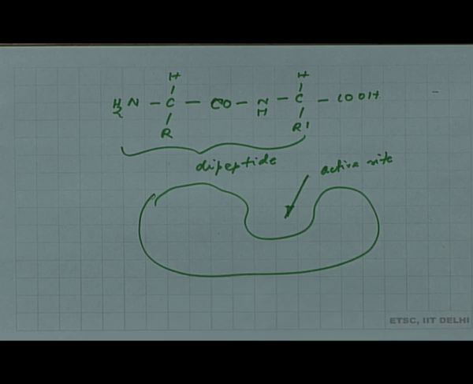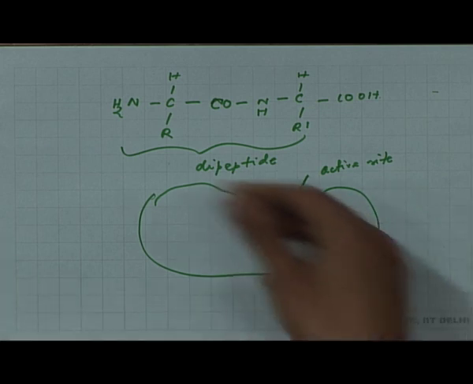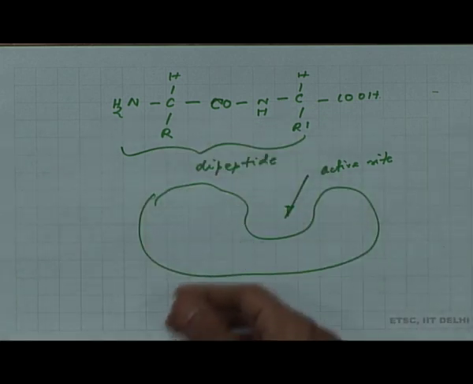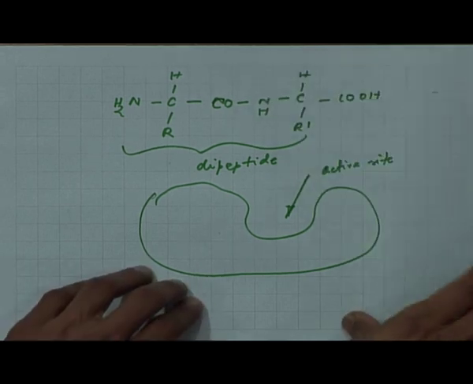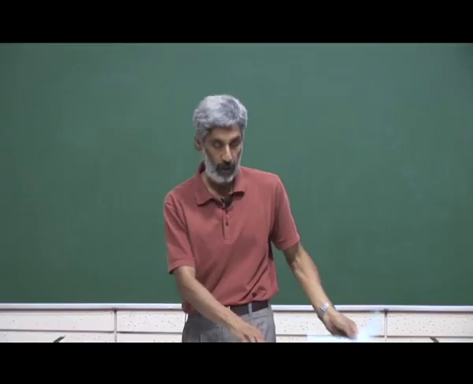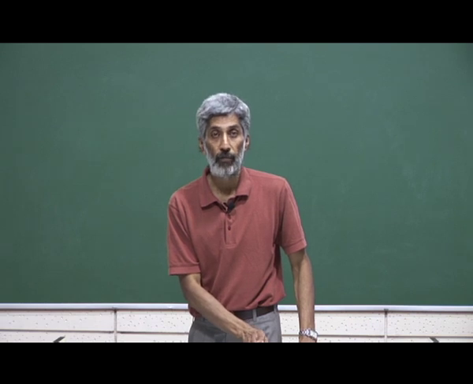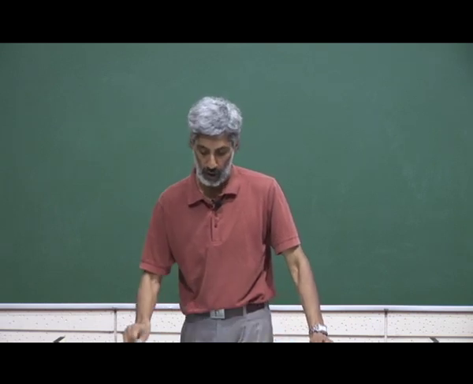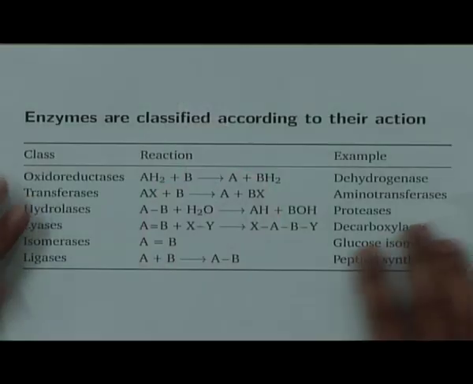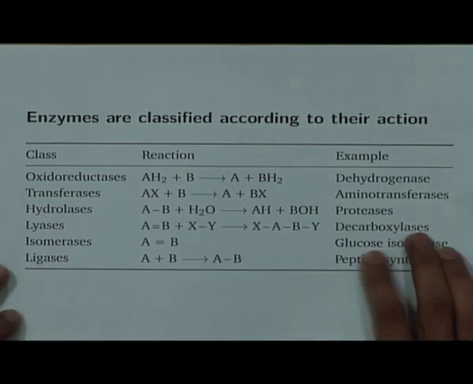Okay. Now, these enzymes are very, very efficient catalysts. They are present in our body and they catalyze a whole set of reactions, and here is how they are classified. The enzymes are classified based on their action, and I am listing here some of the 6 different classes.